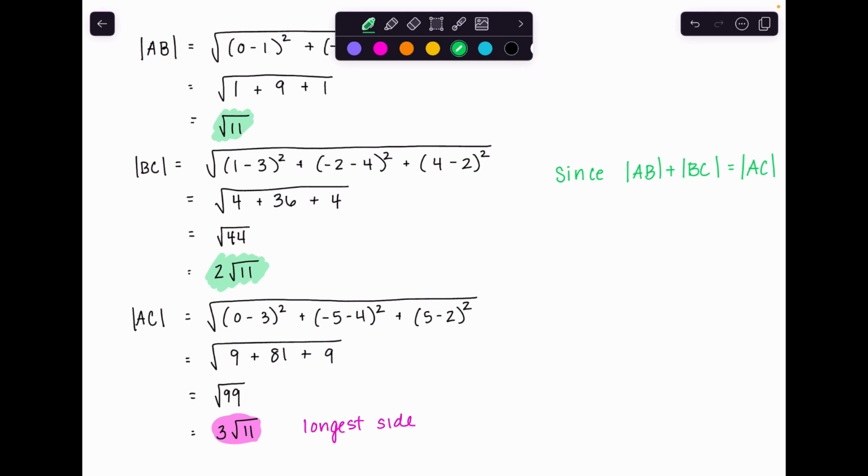It's indeed the longer side. We can say these points lie on a straight line. What we can also say is these are collinear, to indicate they lie on a straight line.